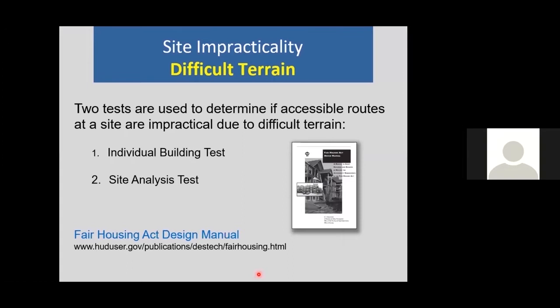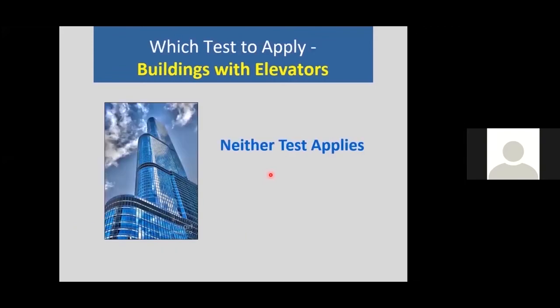HUD's Fair Housing Act Design Manual, there's a link here, and I have another slide at the end of the presentation, really does give the most detailed information on how these tests are supposed to be laid out, conducted, and kept on record, because they will determine a permitted reduction in the number of compliant units, and it could lead to a building that is entirely exempt based on this impracticality. We don't have time to get into those details today.